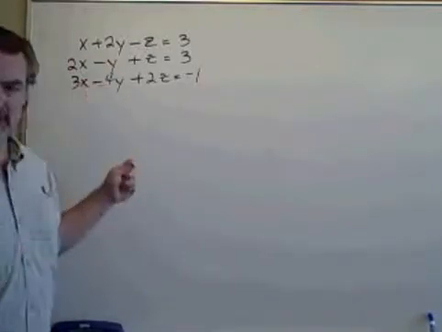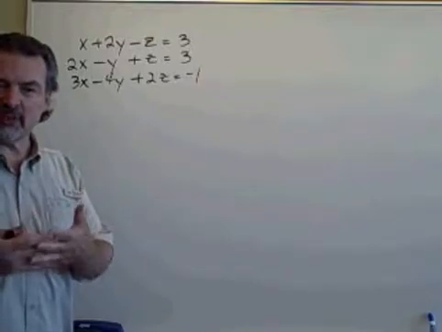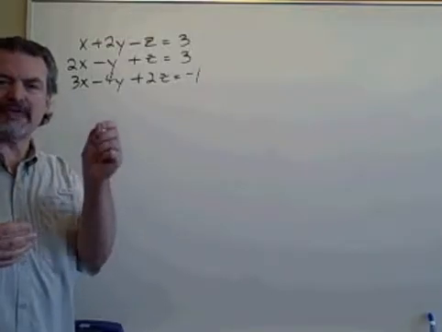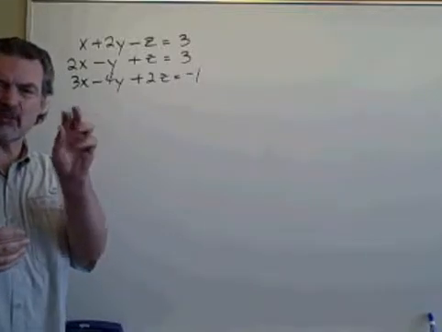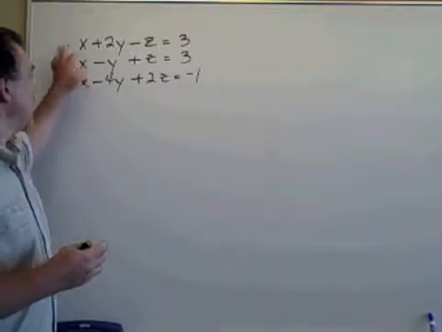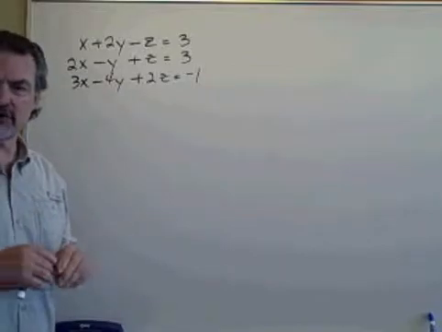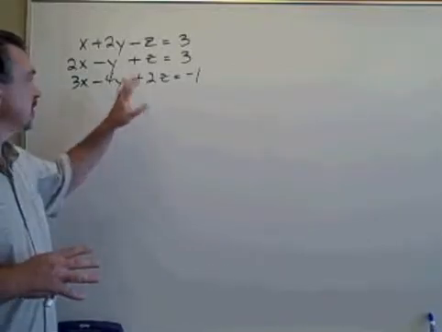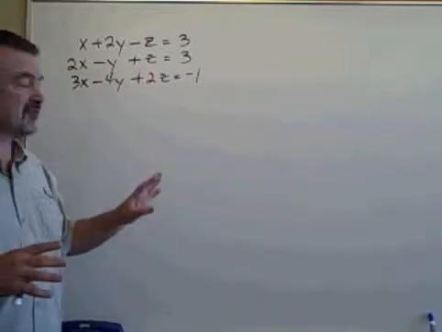We have 3 equations. So what we're looking for now is what's called an ordered triple. We're looking for that single x, y, and z value that is a solution for each equation. It's an intersection point of the planes.